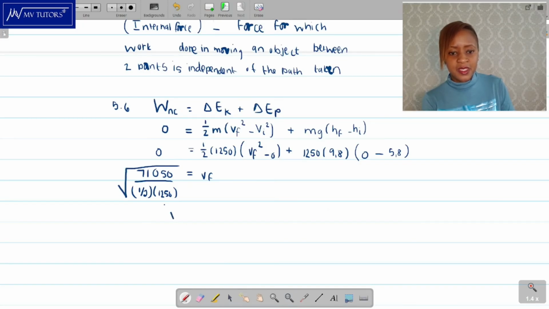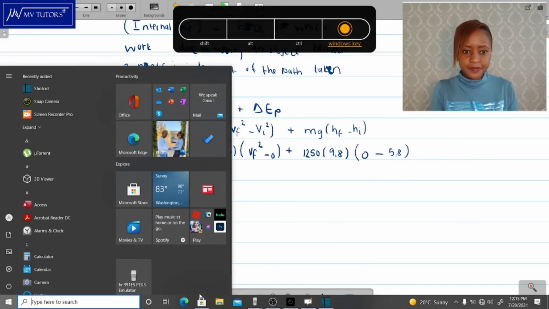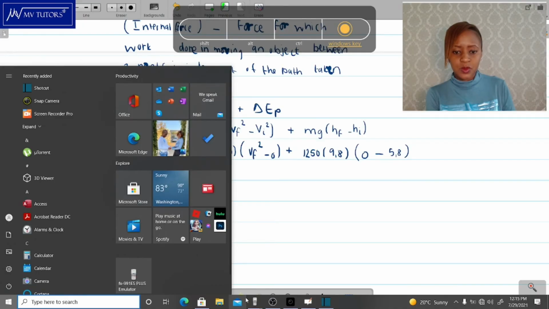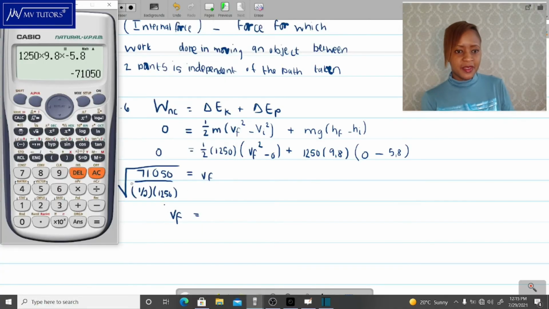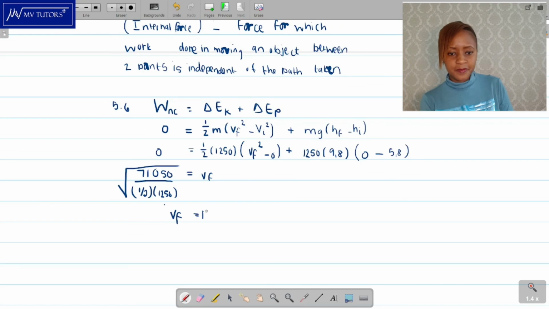So we put 71,050 divided by half times 1250 in the calculator, and that would be 10.66 meters per second. So we just got the final velocity.